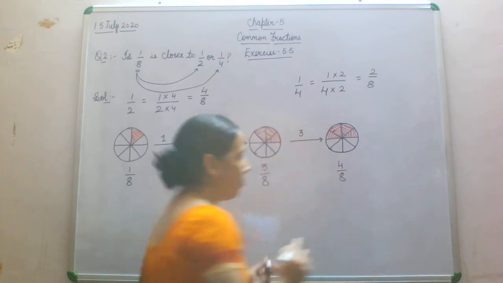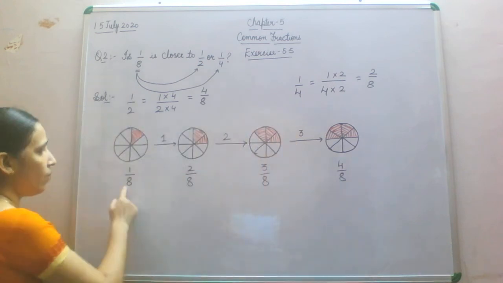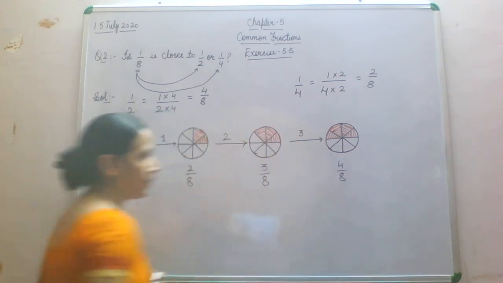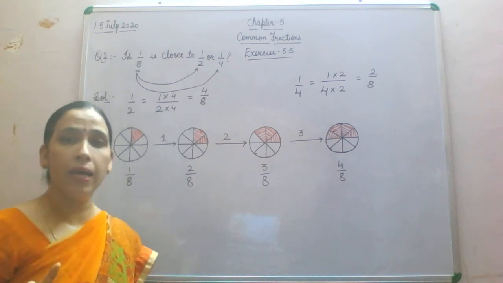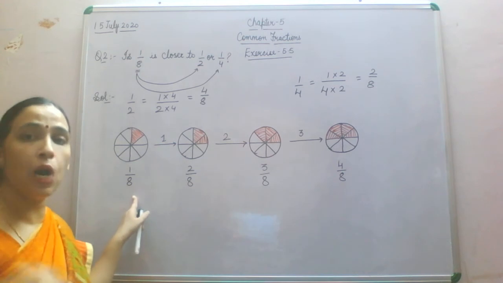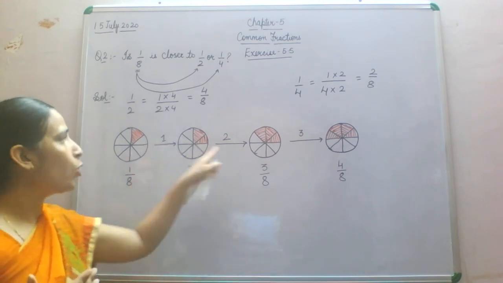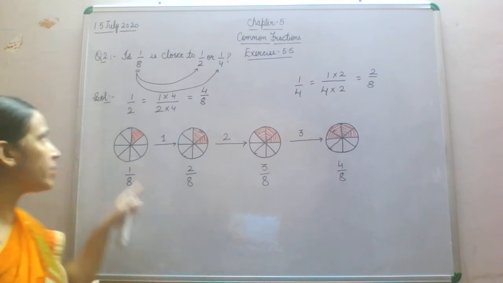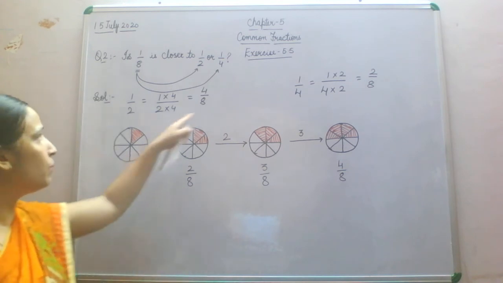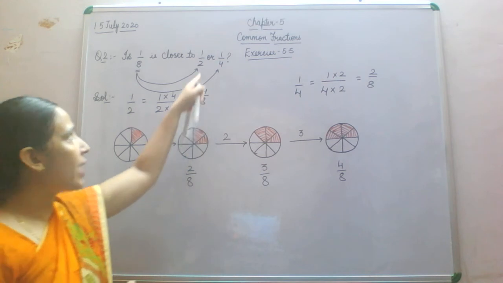Now from 1 by 8 to 4 by 8, how many times have we added 1 by 8? 1 time, 2 times, 3 times. So what will be the degree of closeness from 1 by 8 to 4 by 8, which is actually 1 by 2.